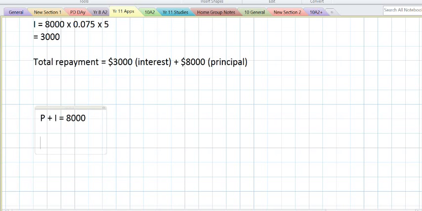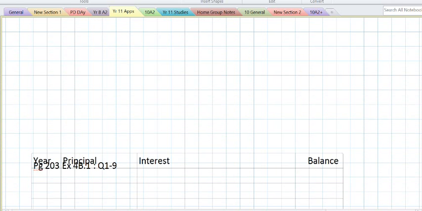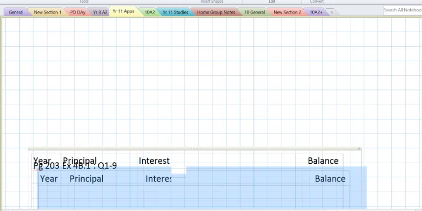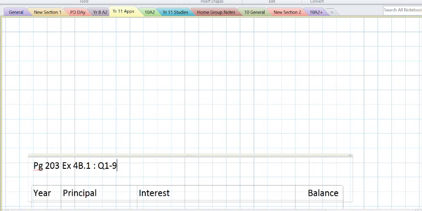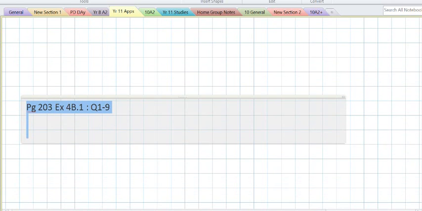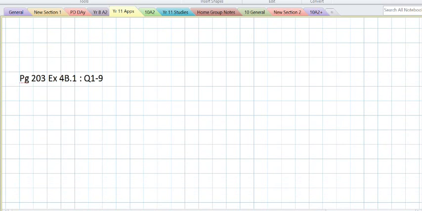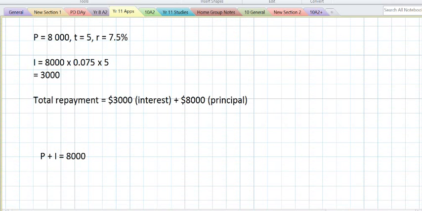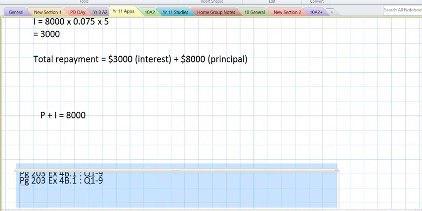So can you go to, where is it? Page 203, exercise 4b, and we'll be using that equation of I equals PRT to calculate how much interest is owed.